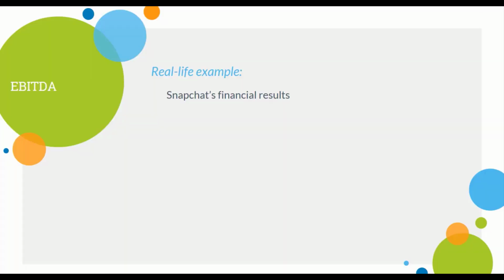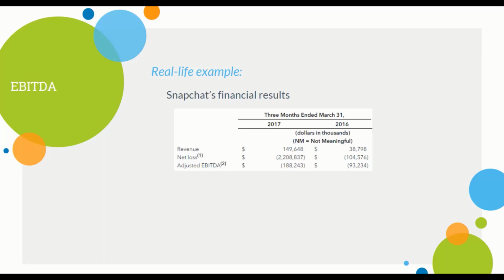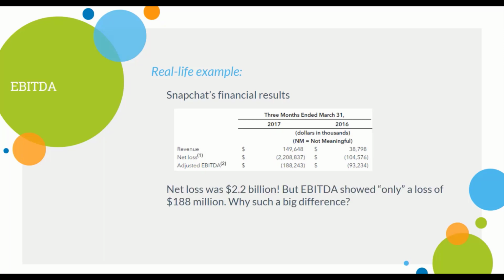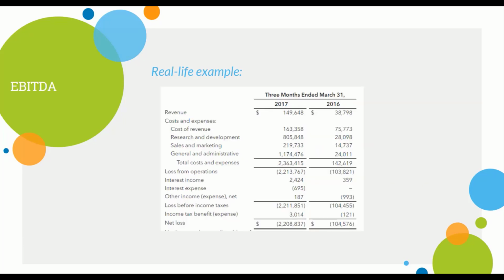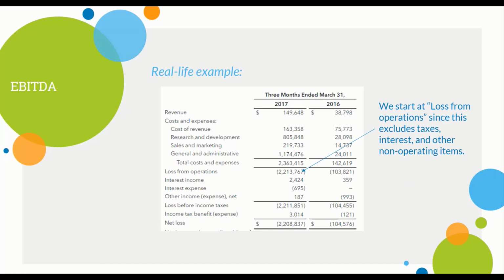So let's go ahead and reconstruct their EBITDA number. So here's just a snapshot of what I was showing you earlier. And so net loss was $2.2 billion, but EBITDA was only $188 million. So let's break that down. We can start with loss from operations, since that already excludes taxes, interest, and other non-operating items.